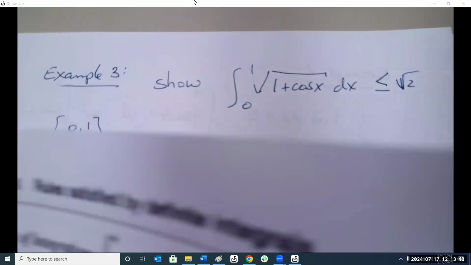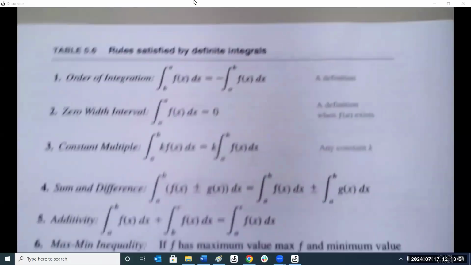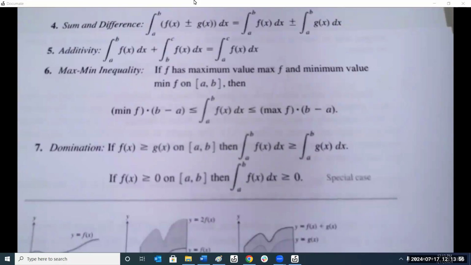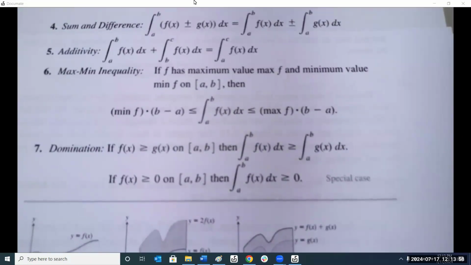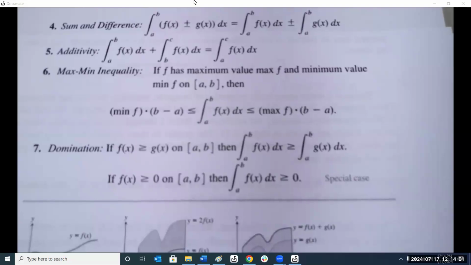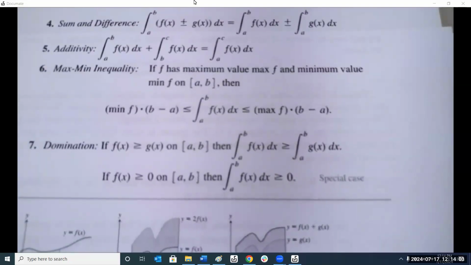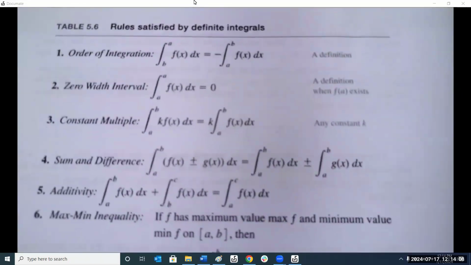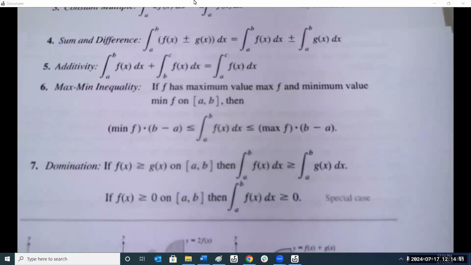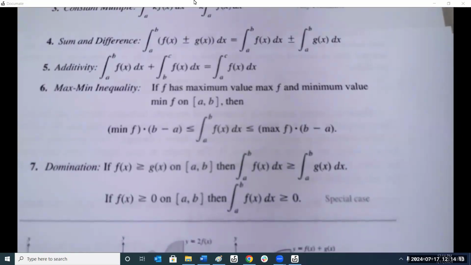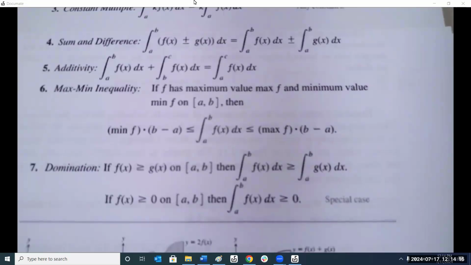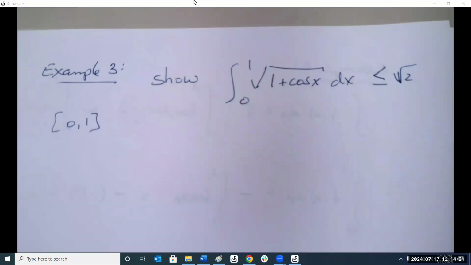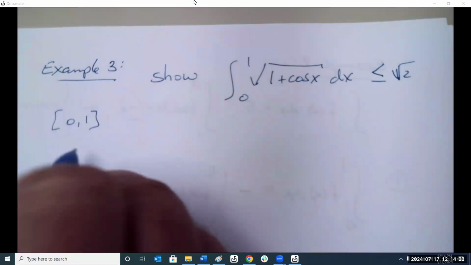Since we're doing an inequality, it's got to be one of the bottom two. We can't use 7 for an obvious reason: we haven't learned how to take the integrals yet. So the only thing we can use is rule 6, the max-min inequality.